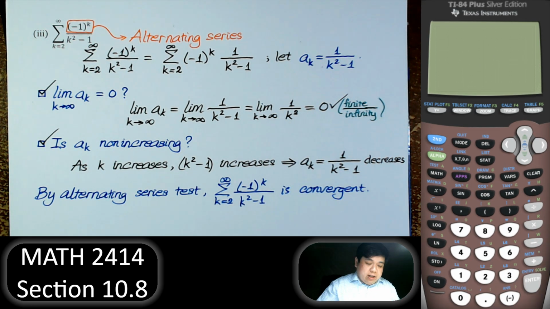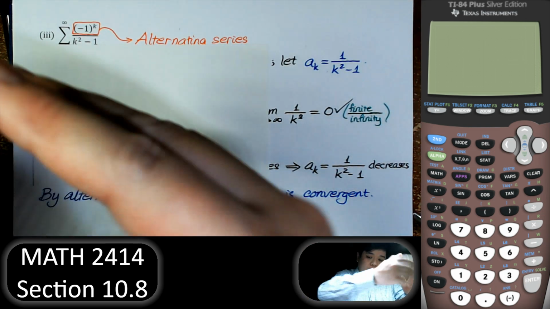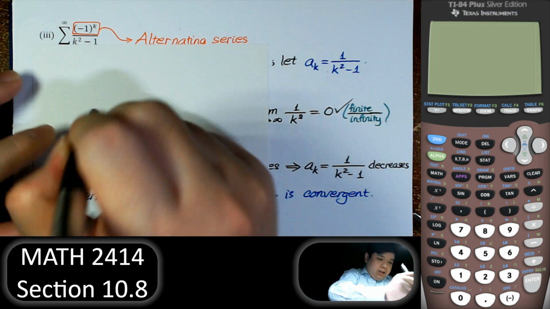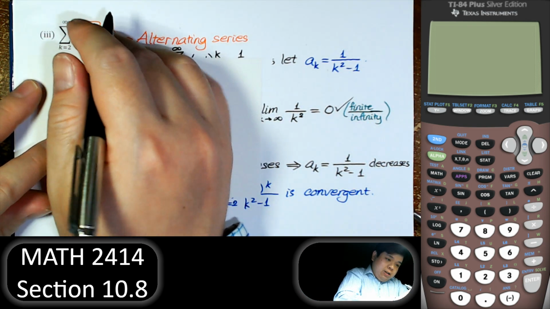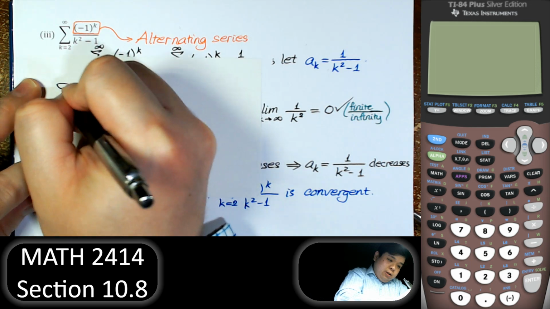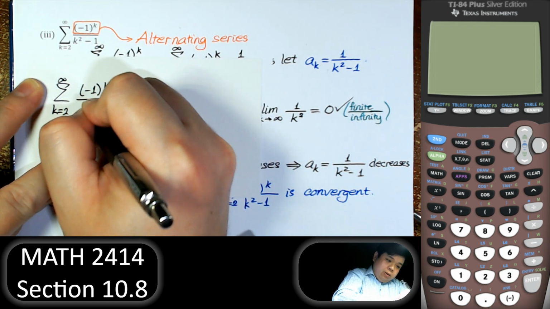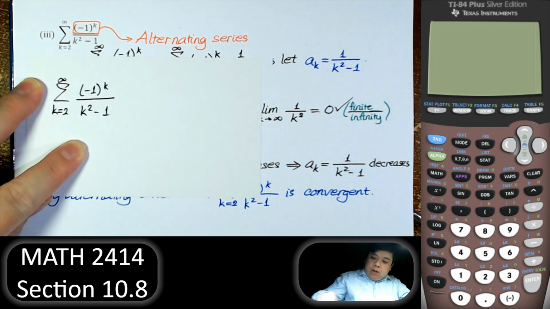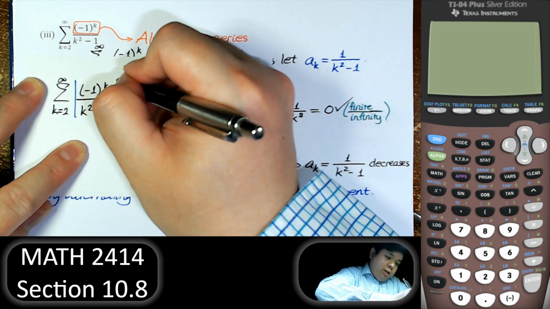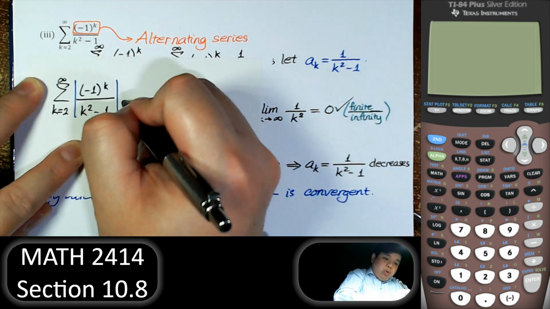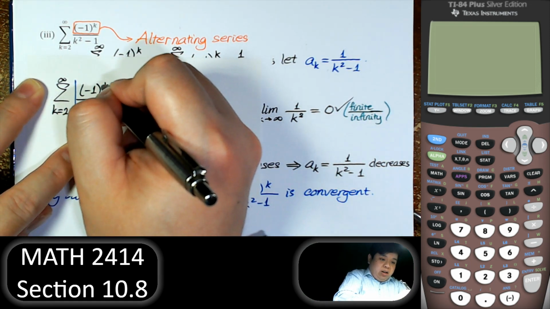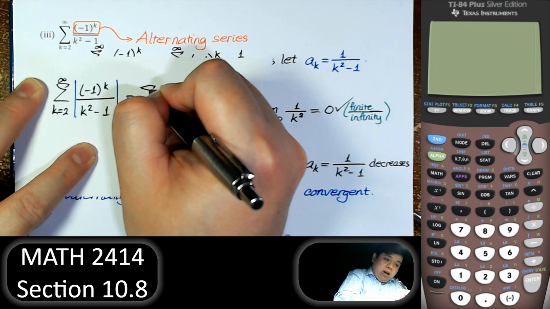Once again, another way to do this is to just put absolute values into it. The absolute values will turn the negative 1 to the k power into 1.